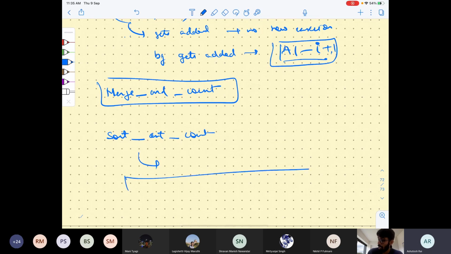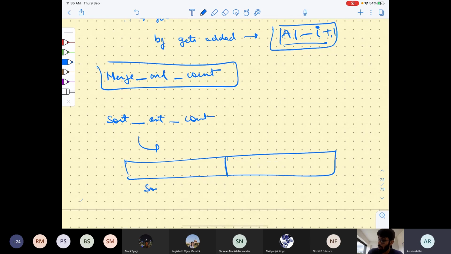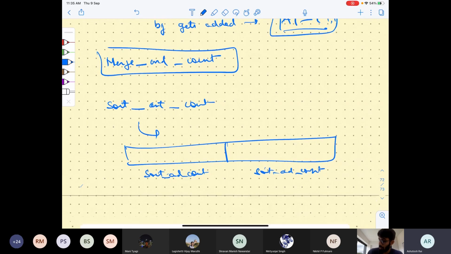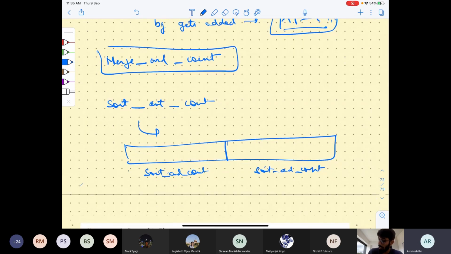Sort and count will take the original array, divide it into two parts, and then call sort and count on the individual parts. And whatever they return, then it will perform merge and count on that.